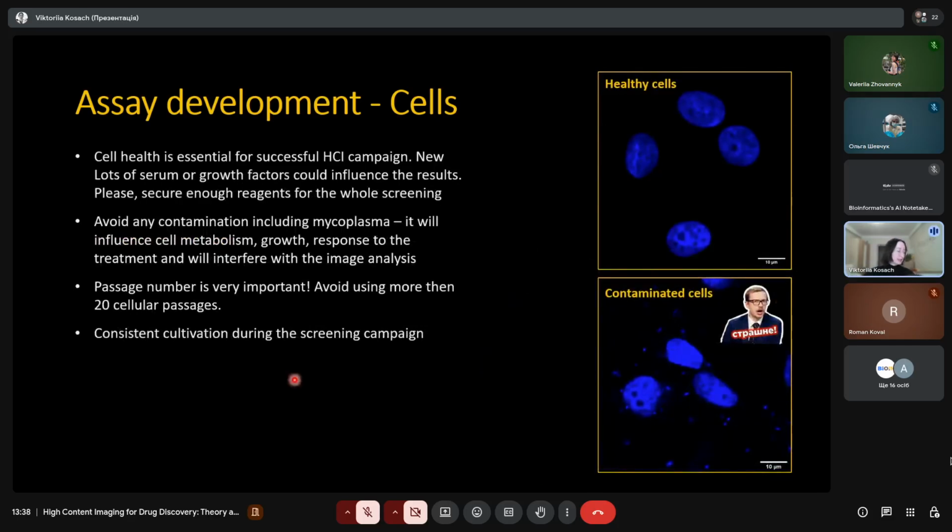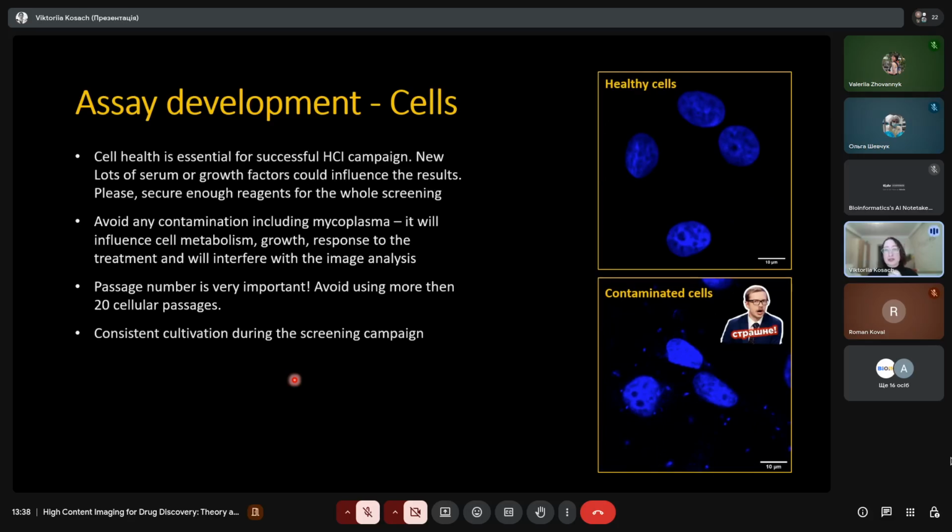Next, about the cells. As I have told you, cell health is very, very important, and some growth parameters could influence it. For example, a change of the lot of serum that you are using from the vendor could influence cell growth and response to your treatment.